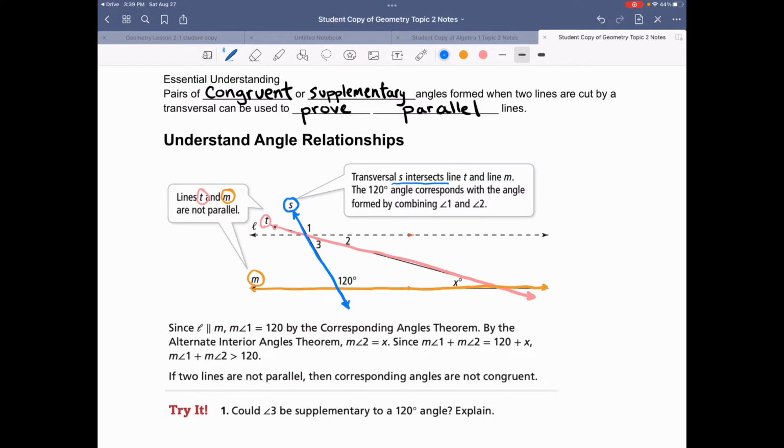The 120-degree angle corresponds with the angle formed when you combine angles 1 and 2. I would like to get another color for that. So this angle, 120 degrees, is corresponding to this angle and this angle when we put them together, right? All right, that is what is given to us.